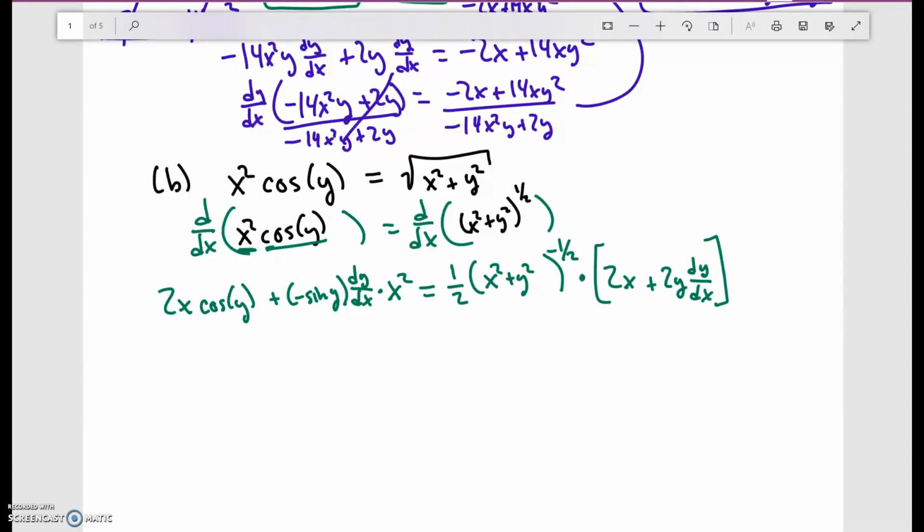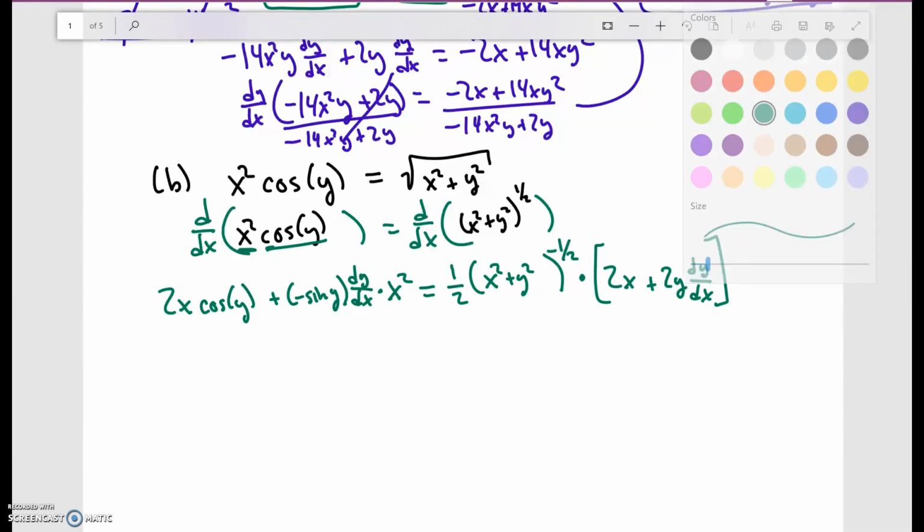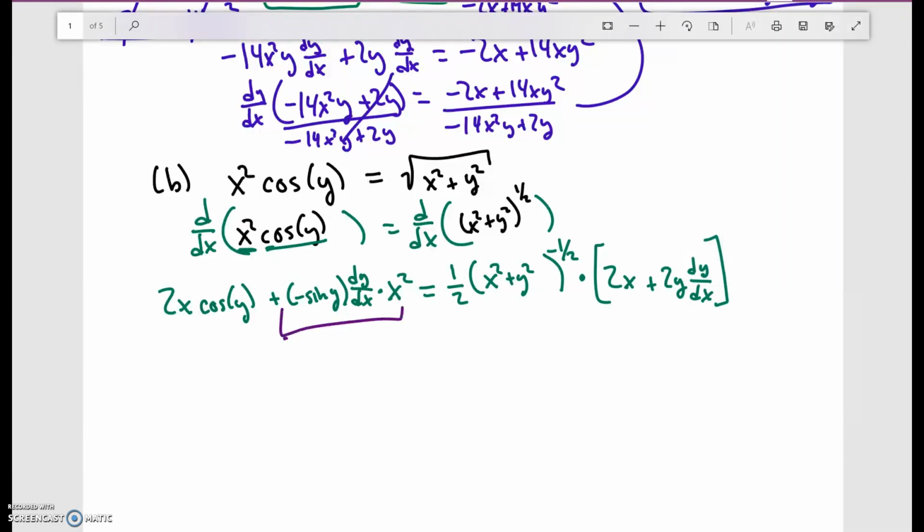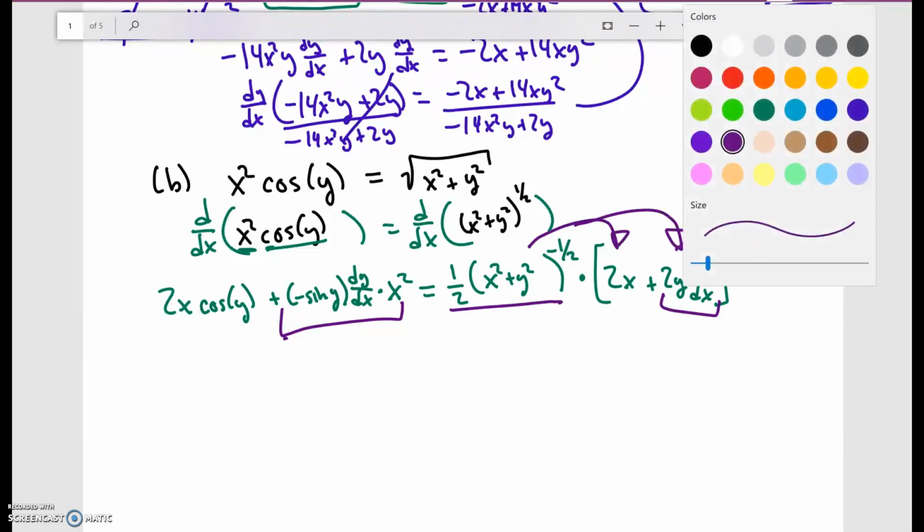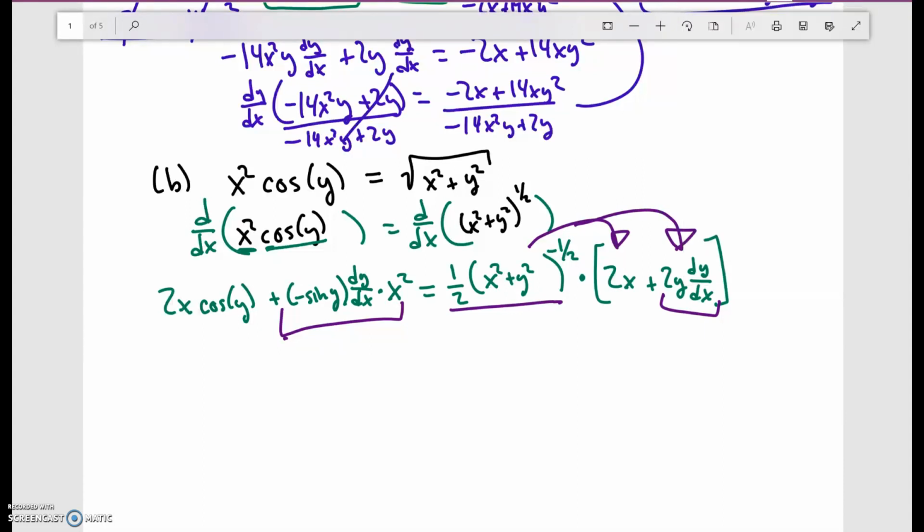All right, now this is useful because now what we got to do is look for the dy over dx's. So there's a dy over dx right here, and there's a dy over dx right here. Now we can't just subtract this over because you have this term being multiplied by it. So I'm going to distribute this to both terms. So what I'm going to get is the following. I'm going to have this 2x cosine y. And then this is going to give me negative, let me put the x squared in the front, sine y.